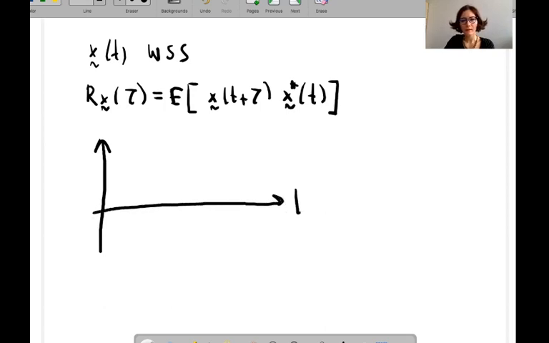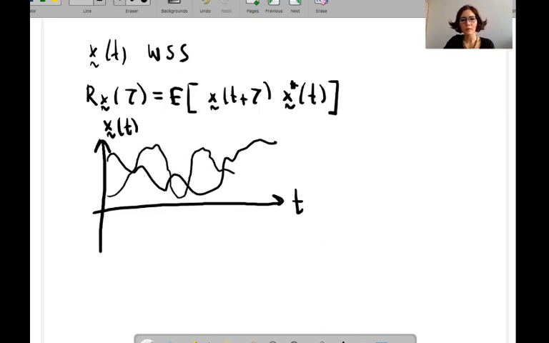So let's consider some realizations of our random process x of t. Here is one realization. Here is another realization. What we are doing here is looking at the random process at some time instant t, and some time instant t plus tau.